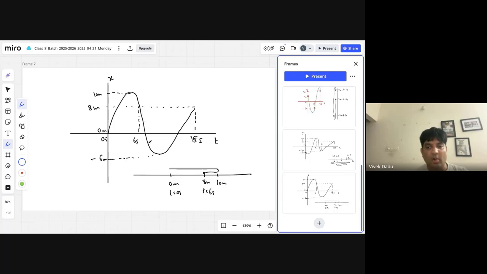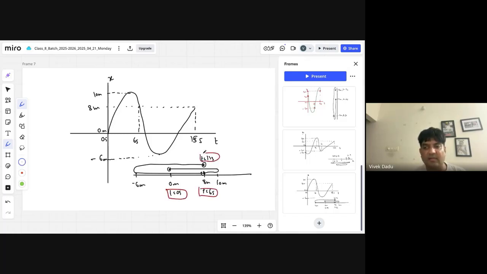See, it went all the way up to minus 6 meters. Yes or no? Yes. And then from there it turned again and went again up to 8 meters. Do you realize that? Again, I have another time at 8 meters, which is 15 seconds. So remember, the key thing here is noting the time: 0 second, 6 second, and 15. This is the interpretation of the motion.